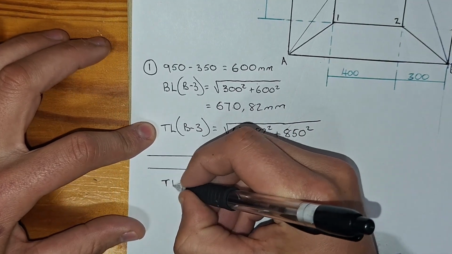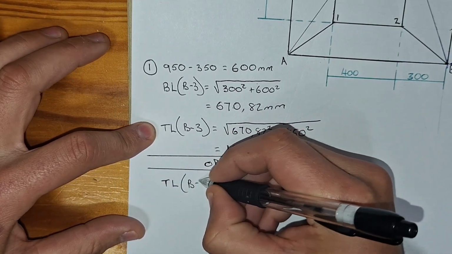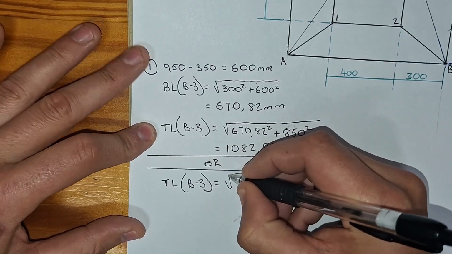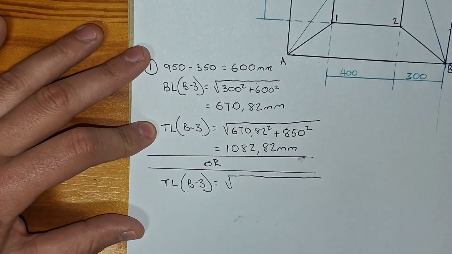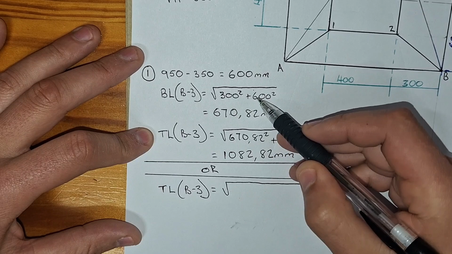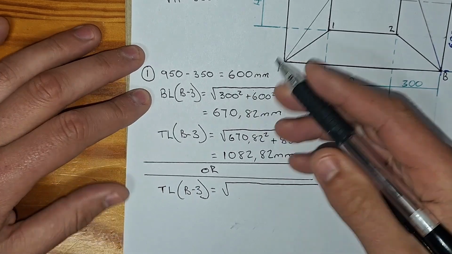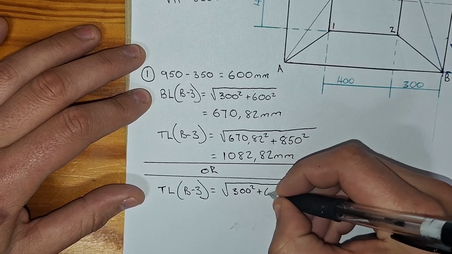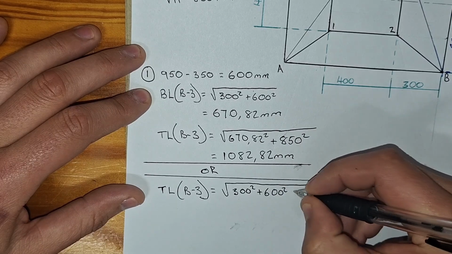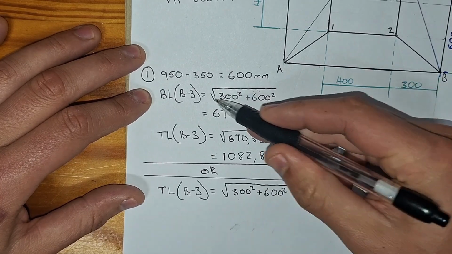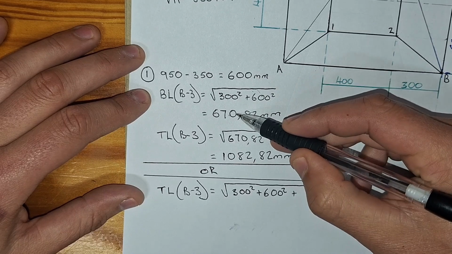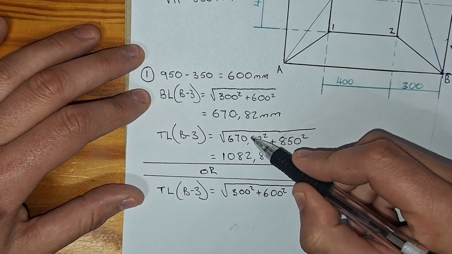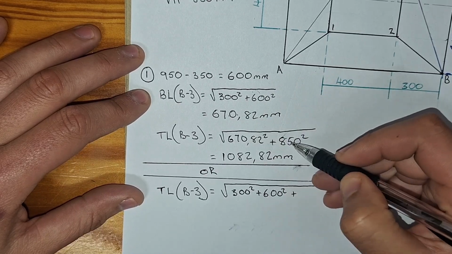So true length B3 equals the square root of still the two values that we used to get the base length, which is 300 squared plus 600 squared, plus these two values together give us this value, which we placed in the next formula, and we just added the vertical height.